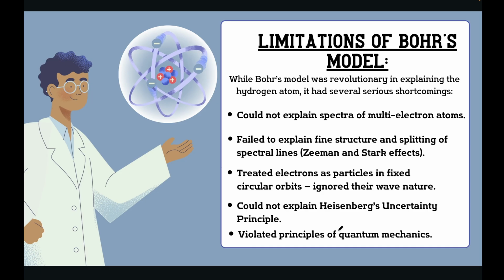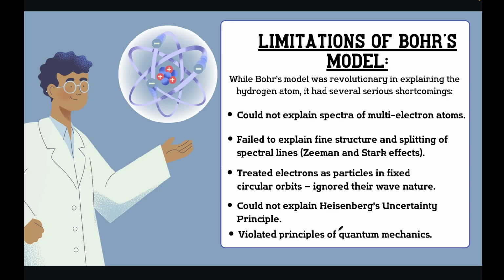When an electron absorbs energy, it jumps to a higher energy level, which is called the excited state of that electron. And when it loses energy, it jumps back to the lower energy level, releasing light. So Bohr's model explains the stability of the atom and the spectral lines of the hydrogen atom.